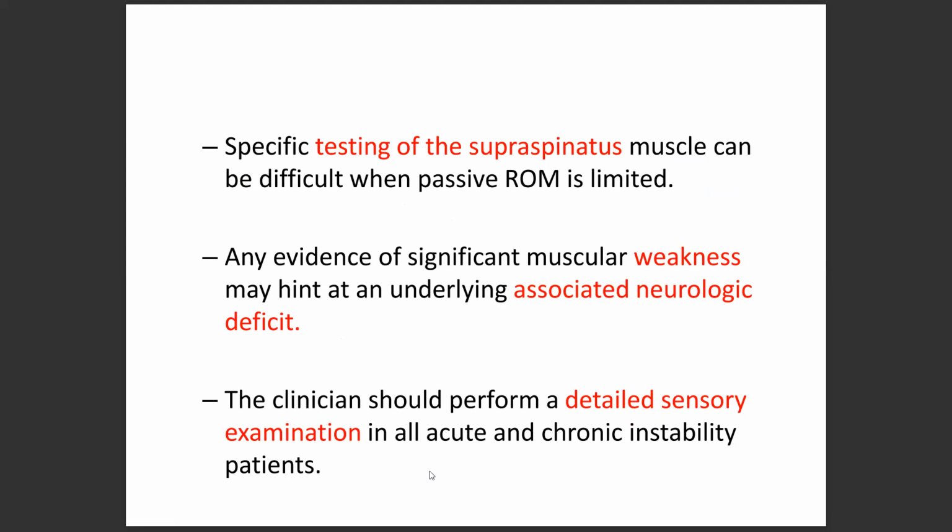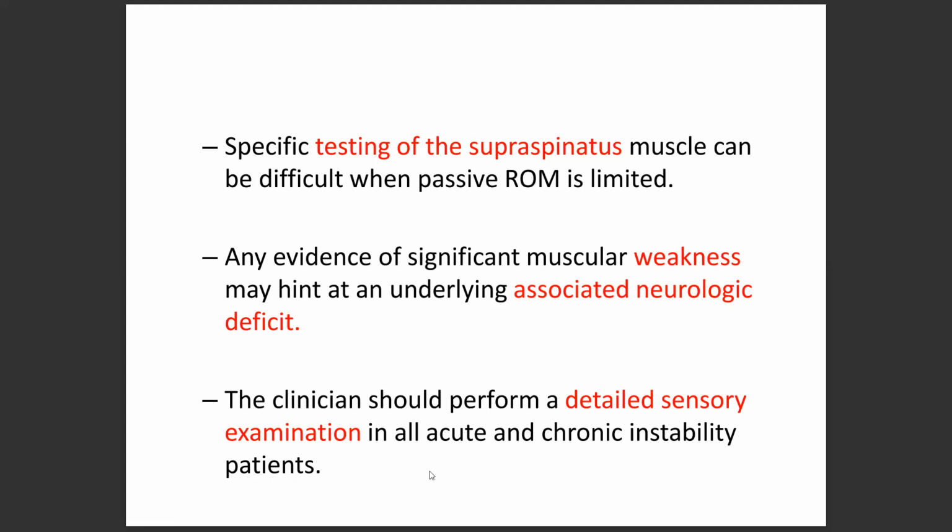Otherwise, if the passive range of motion is limited, it is very difficult to test the strength of the supraspinatus. Any evidence of weakness in the muscle, specifically the rotator cuff muscles or the surrounding ones, indicates that some neurological deficit may be present, just like we discussed for the axillary nerve. When the axillary nerve is injured, obviously there will be weakness of the deltoid muscle.